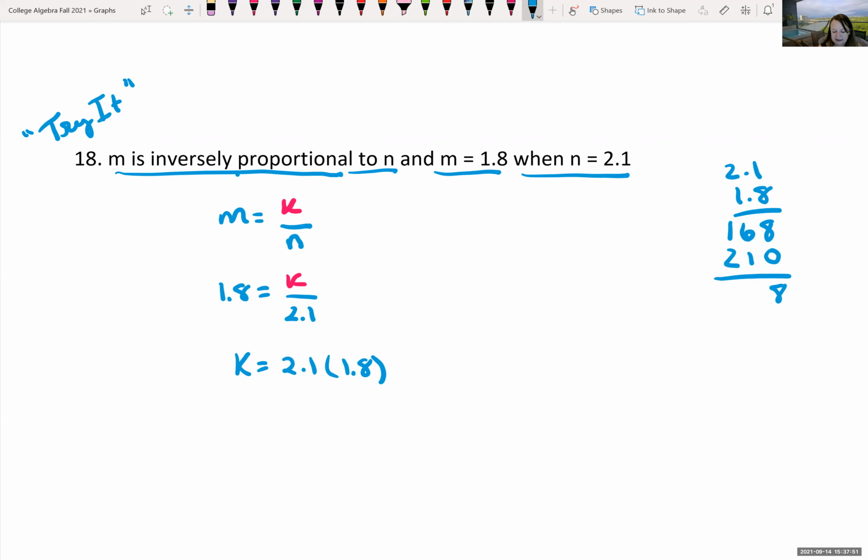I have 3, 7, 8. And then figure out where I put my decimal. I have 1 spot here, 1 spot here. So I have to move it over 2 spots and I get 3.78. So our equation that we have is M is equal to 3.78 all over N.